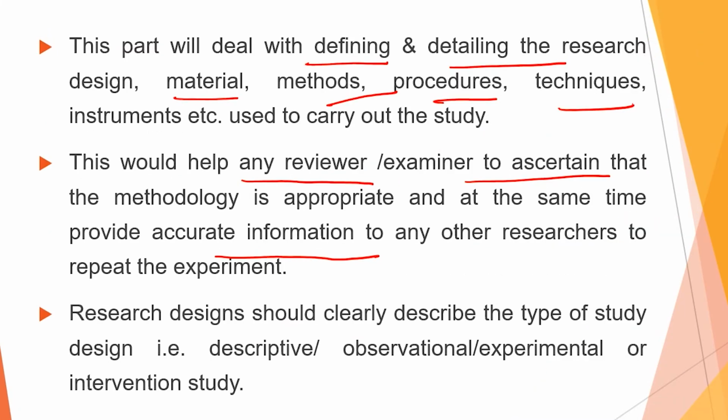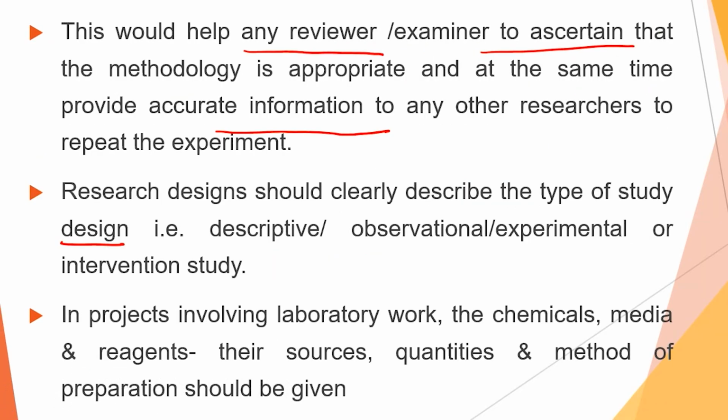Research design should clearly describe the type of research design: descriptive, observational, experimental or interventional study. In projects involving experiment or laboratory work, the chemicals, media and reagents, their sources, quantities and methods of preparation should be given.